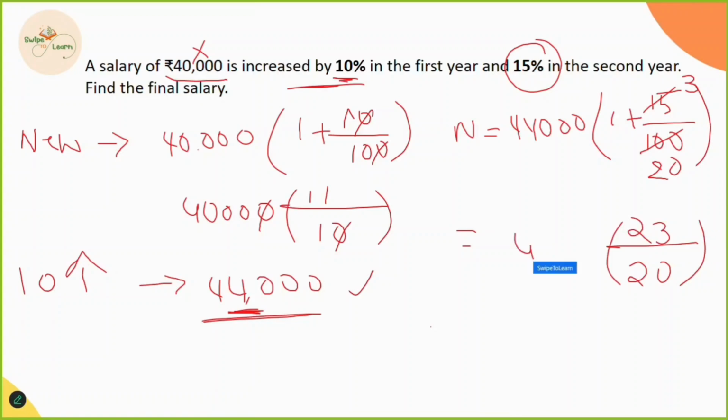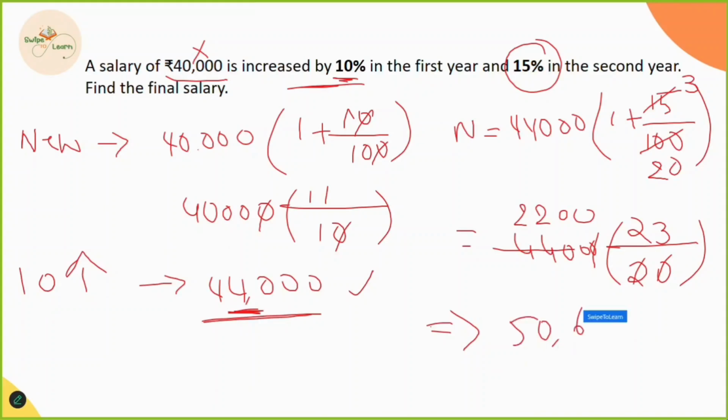So 44,000 of 23 over 20. The zeros get cancelled, 2 ones are 2, and 2 twos are 4, again 2 twos are 4, and double 0 here. So 23 into 22 is 506, giving 50,600. This is the final amount. When we multiply 23 into 2,200, we get 50,600.